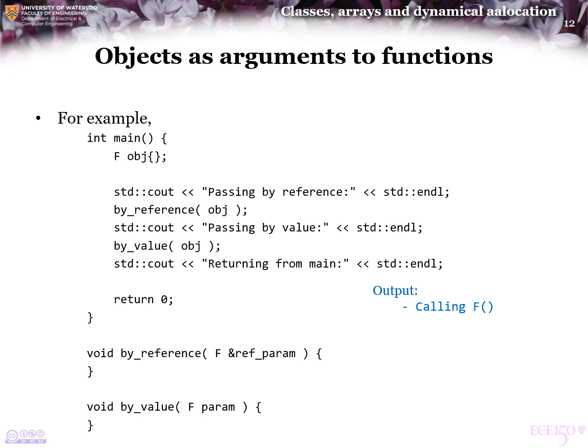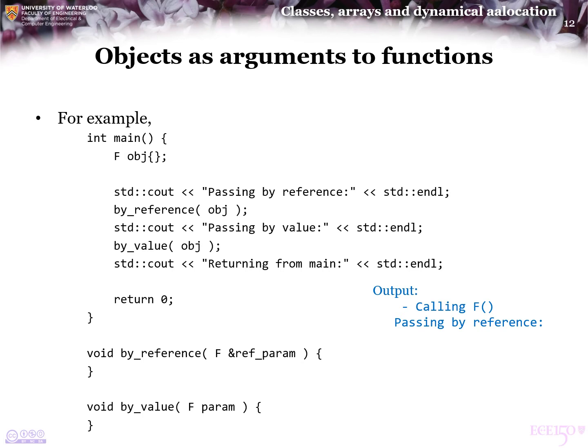Next, we're going to print to the screen the fact that we will now be calling a pass by reference function. All right, that's just letting us know where we are. Now, when the object is passed by reference to the function, the parameter ref_param is simply an alias for the object inside the body of the function.